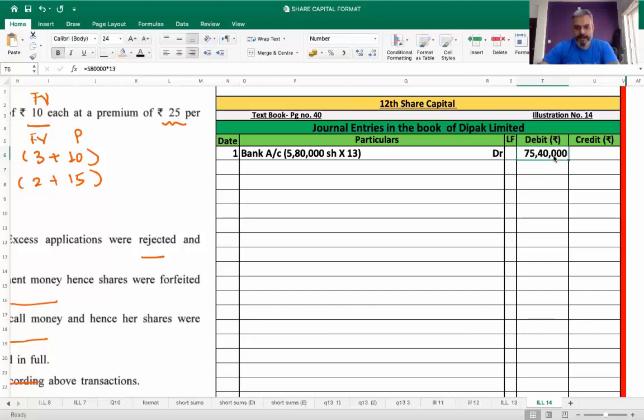So 75 lakh 40,000 to equity share application account. 75 lakh 40,000.